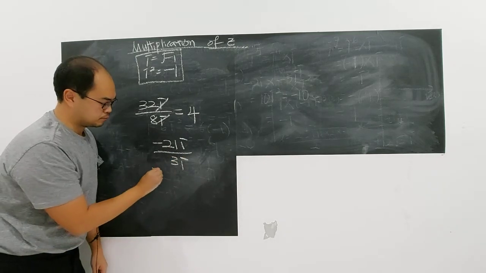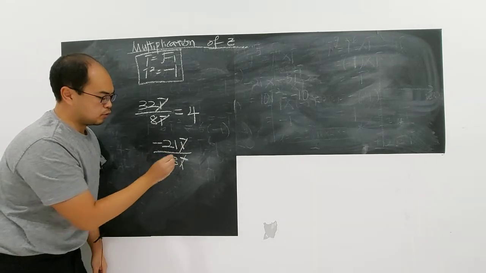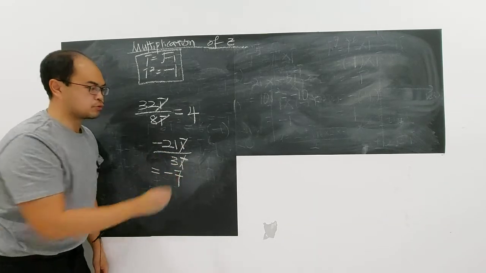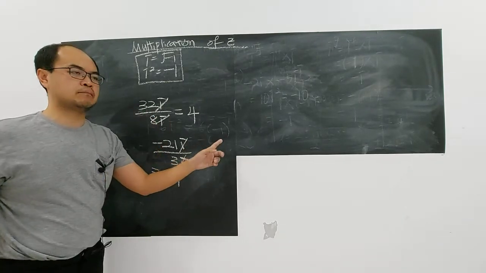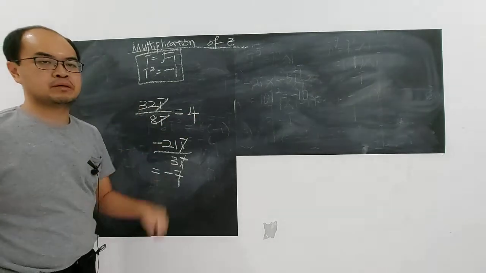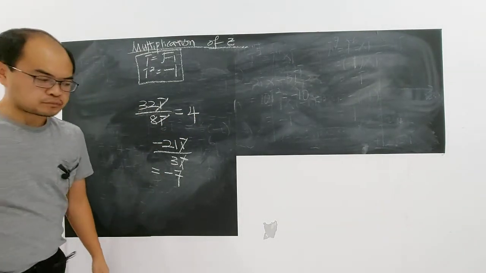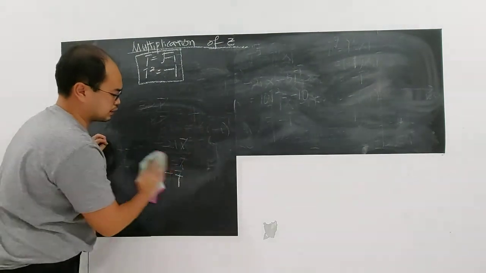What do you get? Negative 21 over 3, you get negative 7. It's also a real number. So multiplying or dividing any two imaginary numbers, you get a real number. Just to tell you that you need to know about something like this.